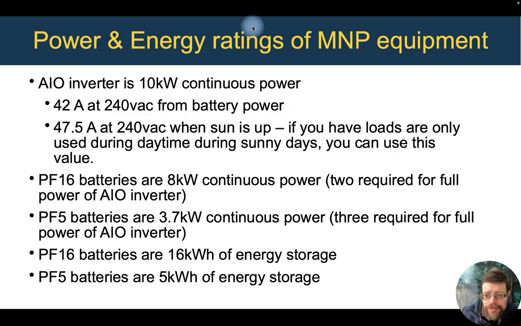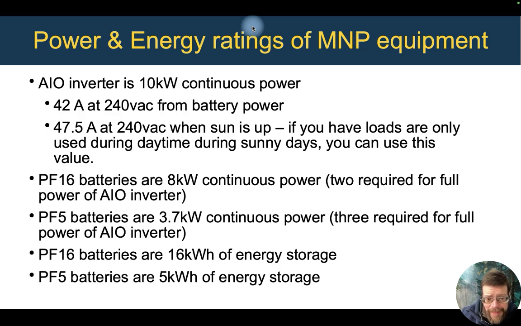So if you have loads that you know are only going to be used during the daytime, during sunny days, you can use this higher value. But if you're looking at backup power at night or times where it might not be sunny, the 42 amps or 10 kilowatts is the value you want to use for the continuous output power.